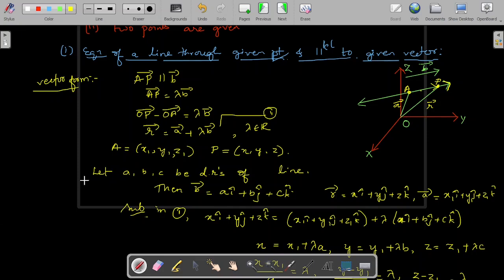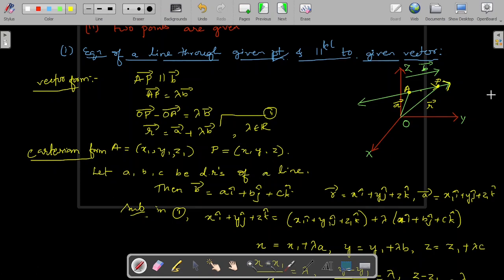If you want it in Cartesian form, then instead of position vectors we have to name the points using coordinates. The given point A is x1, y1, z1. The general point is x, y, z. Now a, b, c are the direction ratios of the line.